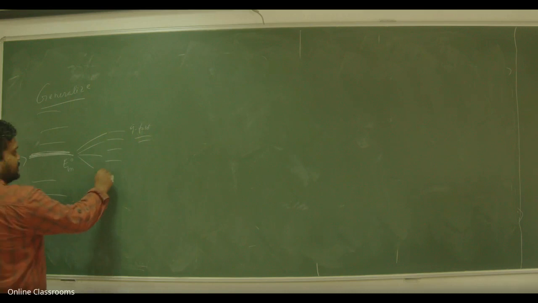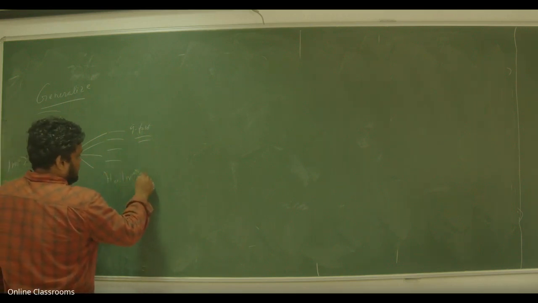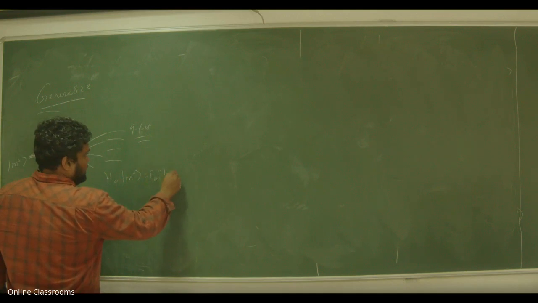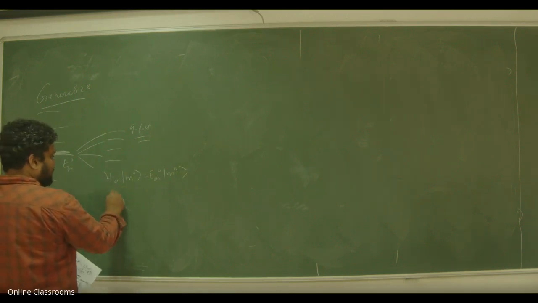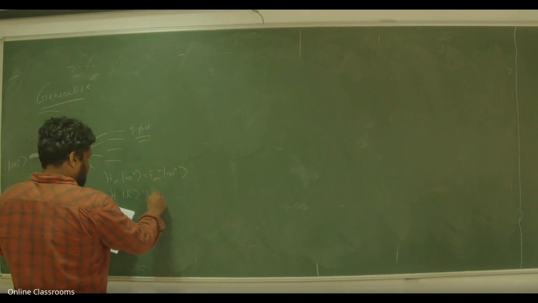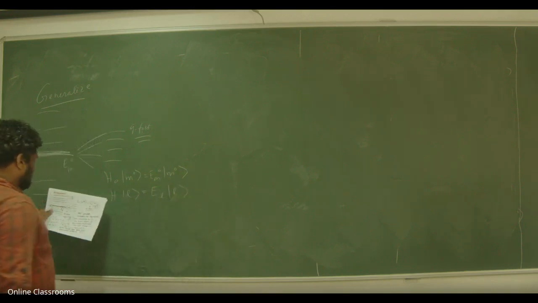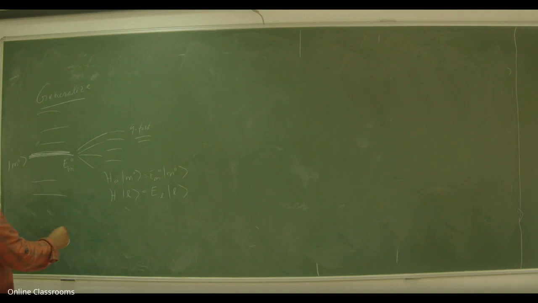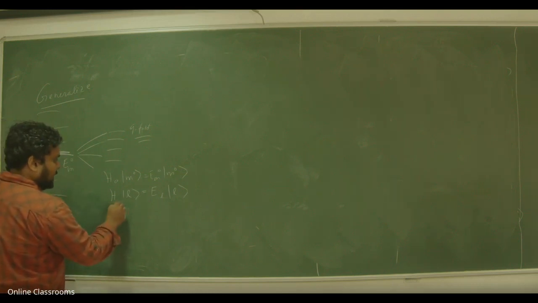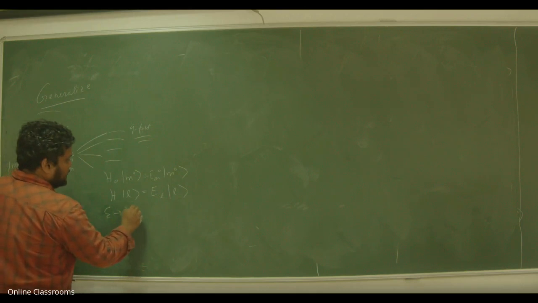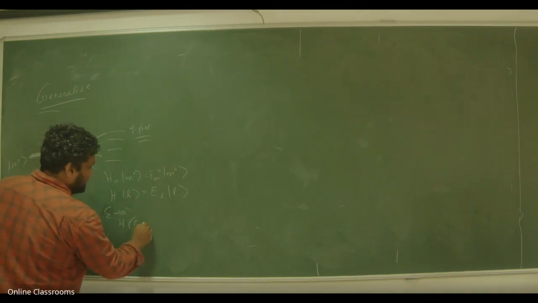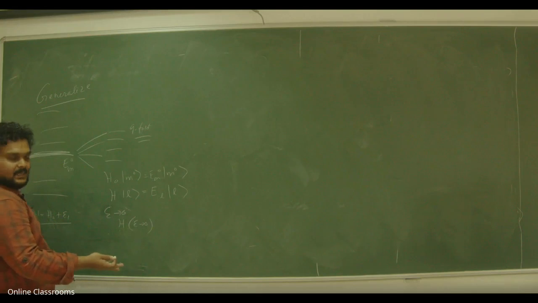Okay, so your actual problem is H naught m naught equals Em naught m naught. These levels are q-fold degenerate. Okay. Now I want to solve the full problem, which I call E L. And where H is some H naught plus H1, when the epsilon is taken to 0, then this thing should fall back, and H with epsilon going to 0 means H naught basically.